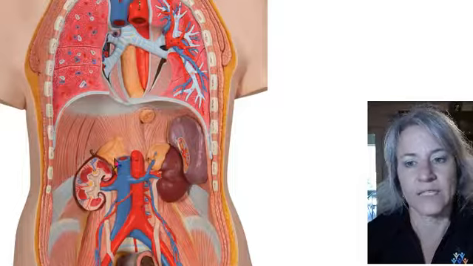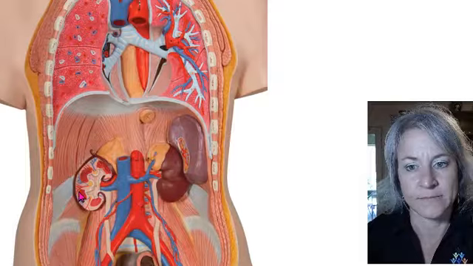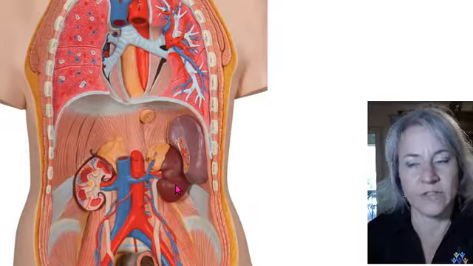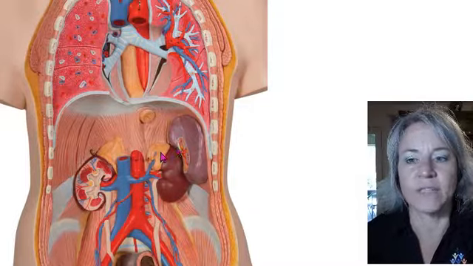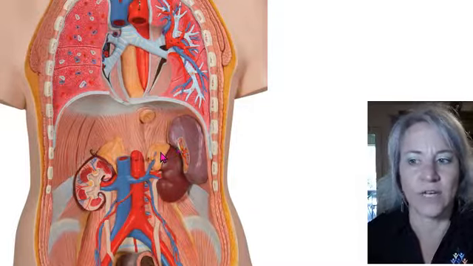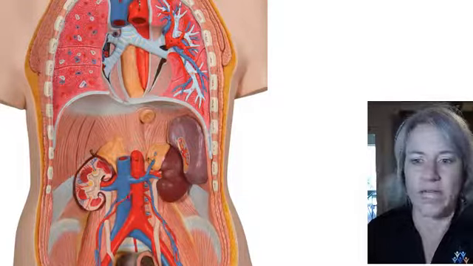Next, we have these glands here sitting on top of the kidneys. So the kidney, anything in reference to the kidney, we use the term renal. So sitting on top of the kidney, we have the adrenal gland, or you could say suprarenal gland.